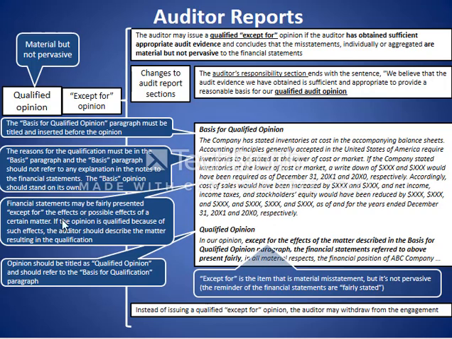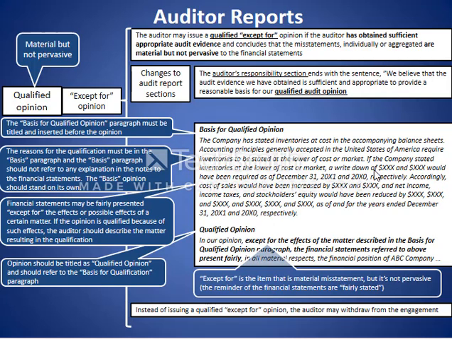Now, the financial statements may be fairly presented except for the effects or possible effects of a certain matter. If the opinion is qualified because of such effects, the auditor should describe the matter resulting in the qualification. So if we take a look at this example of a basis for qualified opinion, in this case it says the company has stated inventories at cost in the accompanying balance sheets.